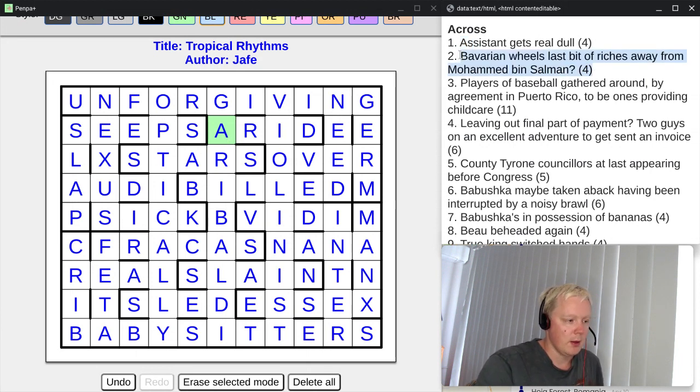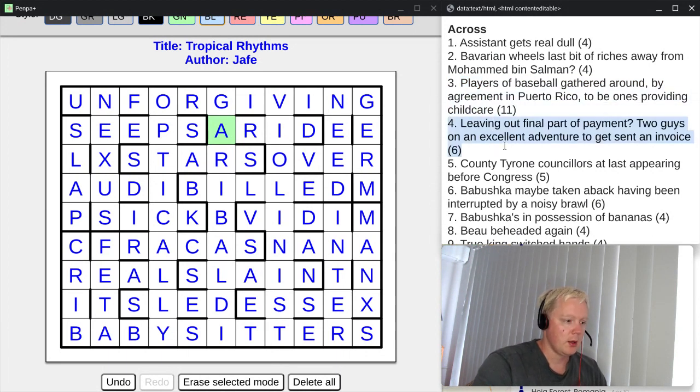Then the answer to this one was Audi. But Audi doesn't contain a B here, so we don't highlight anything there. Players of baseball gather around, and so this one was the babysitters one, and babysitters doesn't contain a P, so none of these substrings are going to work.